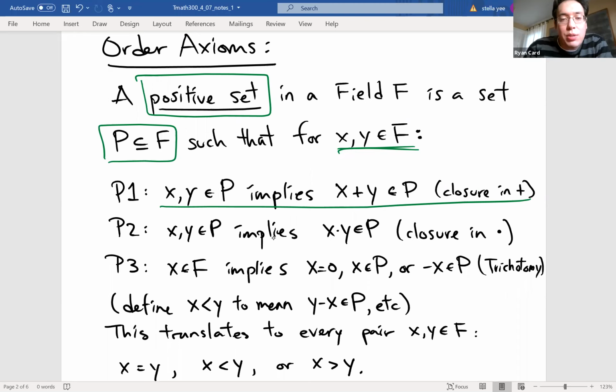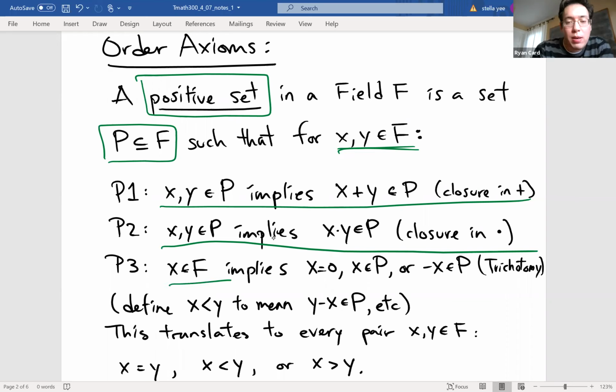So if you take 2 positive elements and then you add them together, then you get another positive element. So adding 2 positive things gets you a positive thing. That seems reasonable. The next rule, same thing with multiplication. So if you take 2 positive elements and you multiply them together, you get another positive element. So it is closed under multiplication as well, at least the subset P.